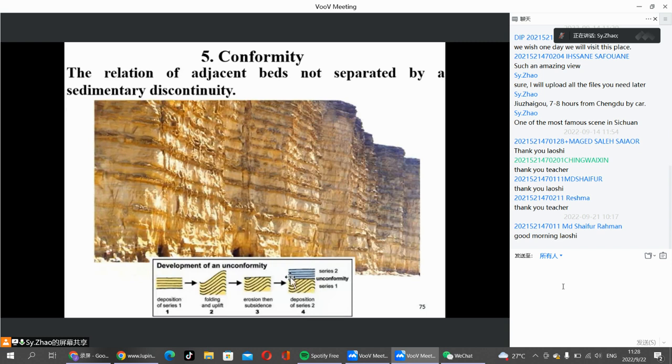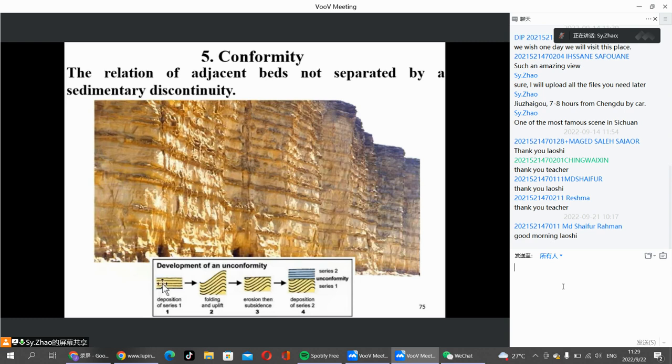The older rock must be more lithified and folded, and perhaps more metamorphosed, than the younger rocks above the unconformity. Therefore, uplifting and erosion play a significant role in its formation.